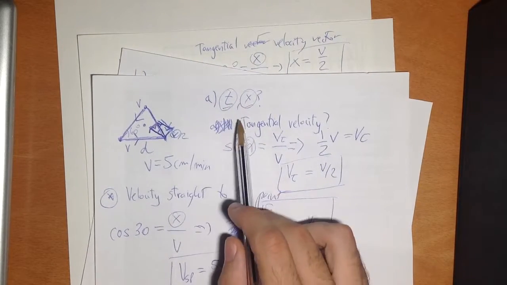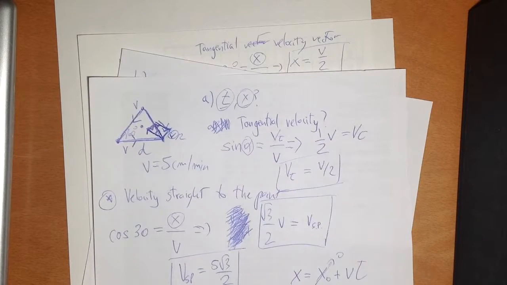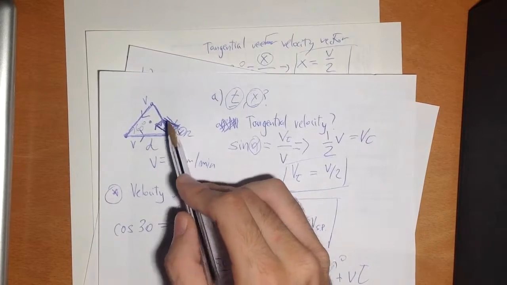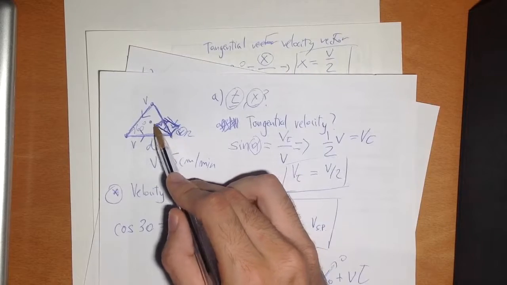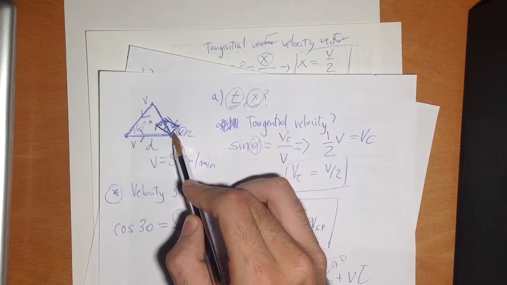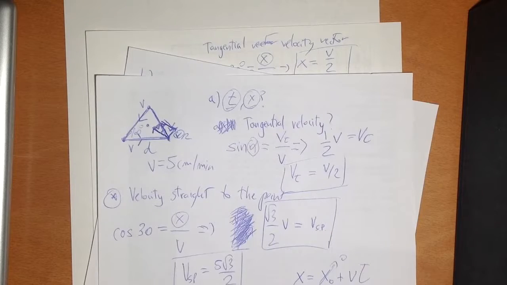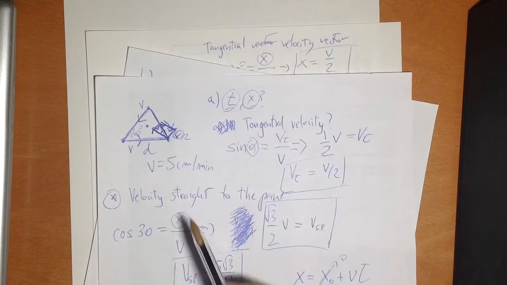We have to find the time and the distance covered, and to do so, let's decompose this velocity vector into a vector that goes straight to the centroid and a tangential velocity vector. First, let's find the tangential velocity vector, using basic trigonometry.